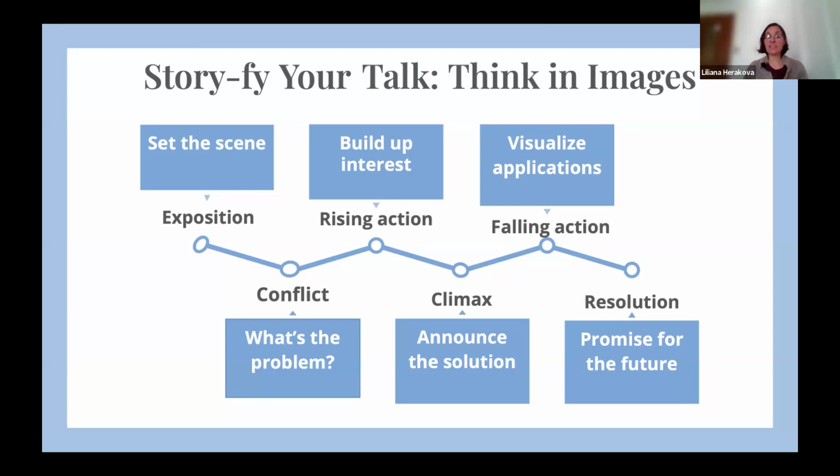The exposition sets the scene. So here in this talk, we had the whole thing about bacteria being all around. A conflict is identifying that problem. In this case, with the research talk, we have antibiotic resistance. And what the researchers here tell us is that what attending to antibiotic resistance points at is that the way humans have approached our work with bacteria is to fight them.